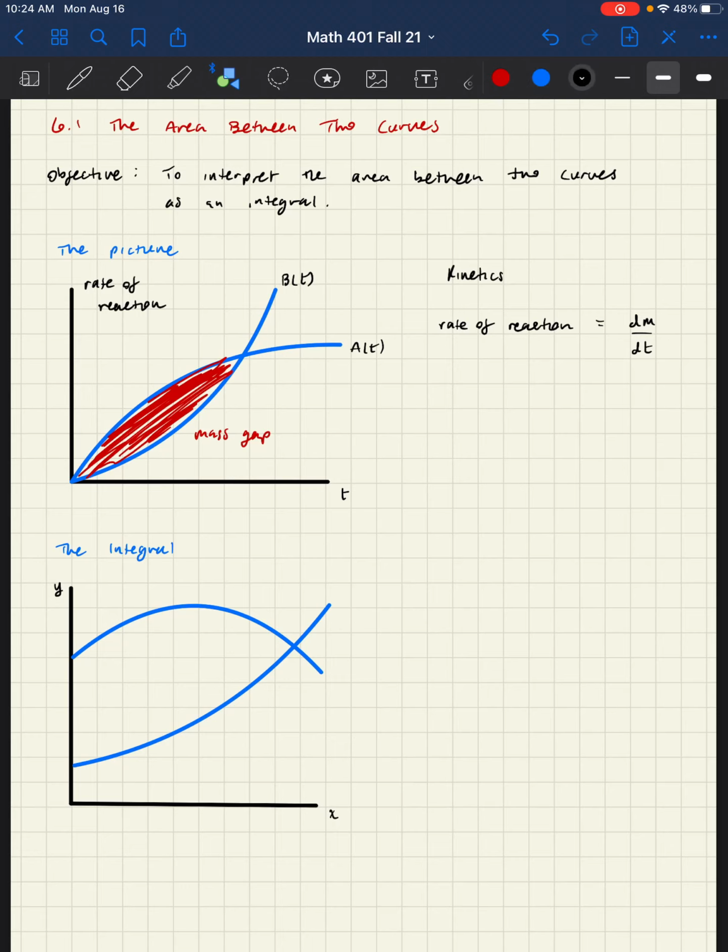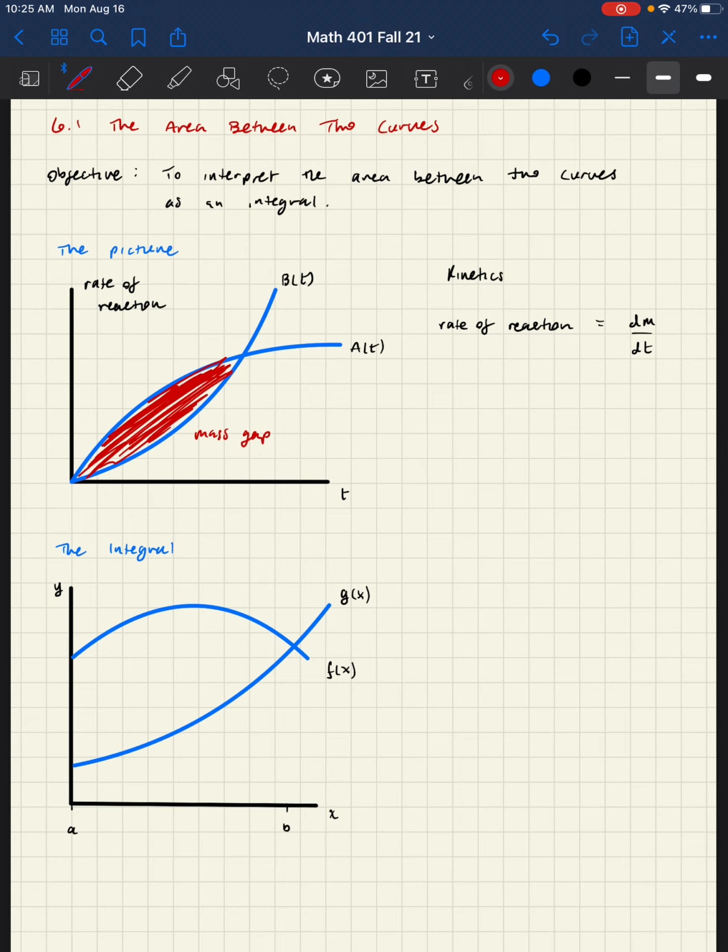So these functions are going to be f of x and g of x. So two functions of x. And they bound this region in the plane over the interval A to B. That really could be considered 0, but for the sake of clarity, we'll call that A.